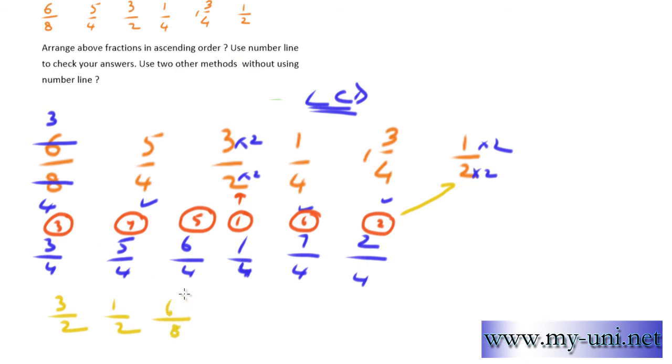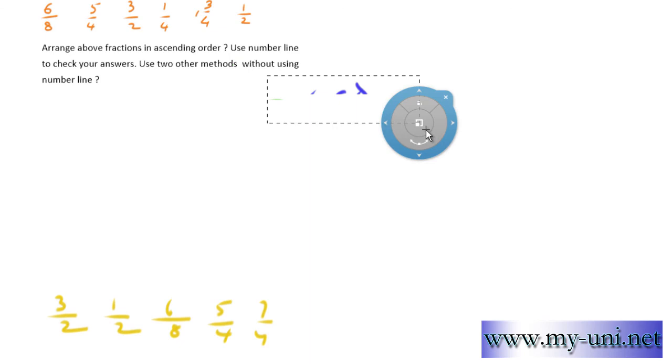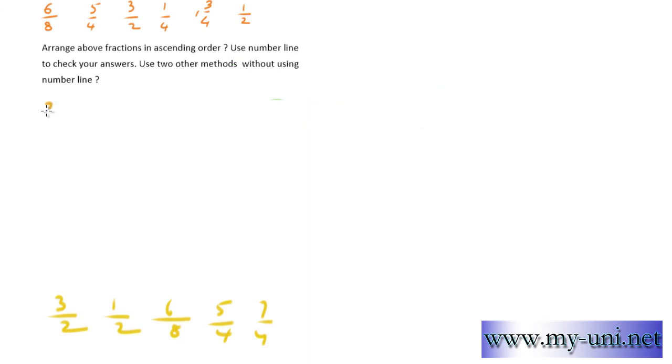Number 4 is 5 over 4. Number 6 is 7 over 4. So your answer would be 3 over 2, 1 over 2, 6 over 8, 5 over 4, and 7 over 4.